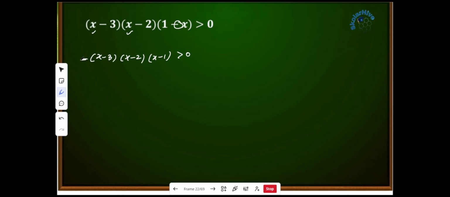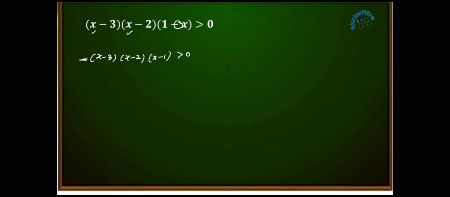Now here you can see that this expression has a negative sign. We can solve it this way also, but it is recommended to make the whole expression positive. For that, we multiply both sides of the inequality by negative 1. Multiplying an inequality by a negative number reverses the sign.